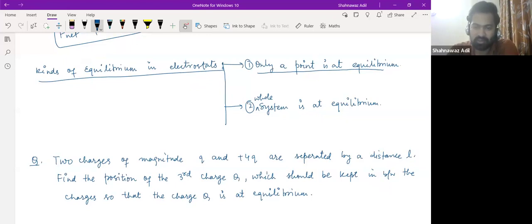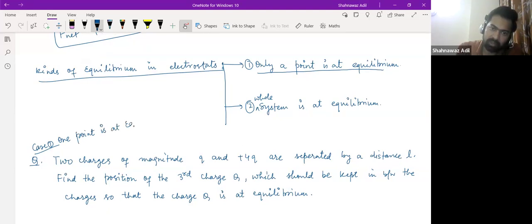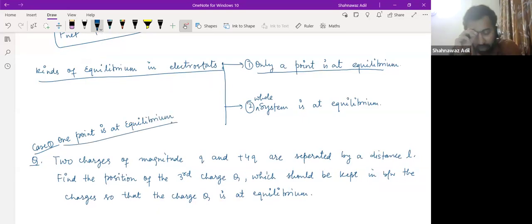The first case, right? One point is at equilibrium. So this is one such case.